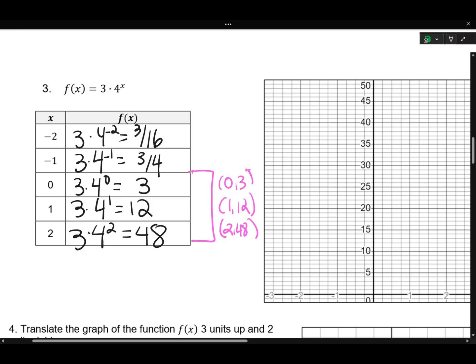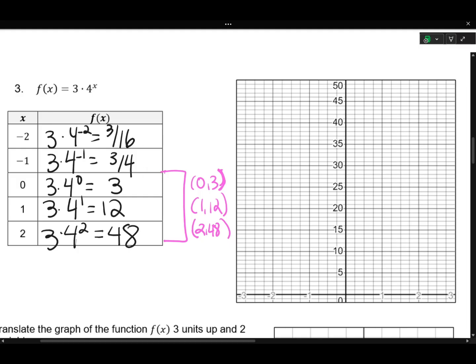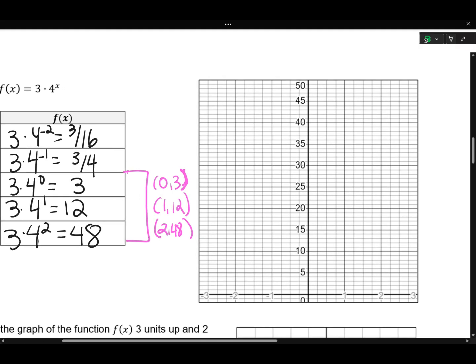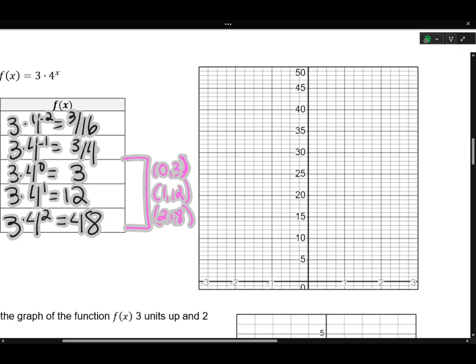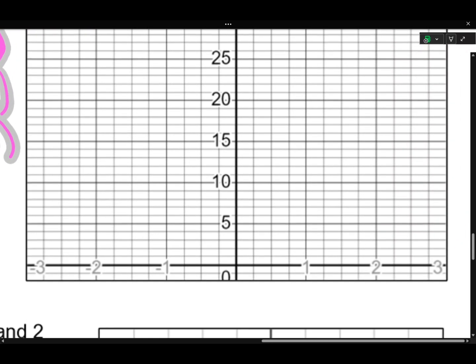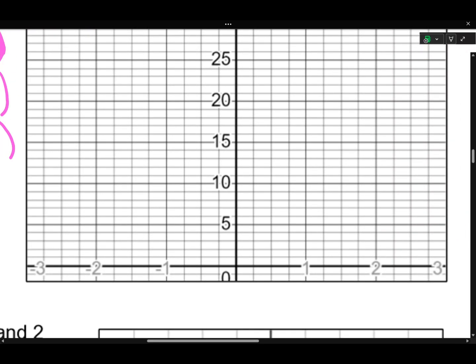So if you finish this so fast that I know you're just copying down what I wrote, I'm going to send you back to practice it in the calculator. I'll say that out loud during class as well. Let's graph 0, 3. I'm going to zoom in here. 1, 2, 3. And 1, 12.